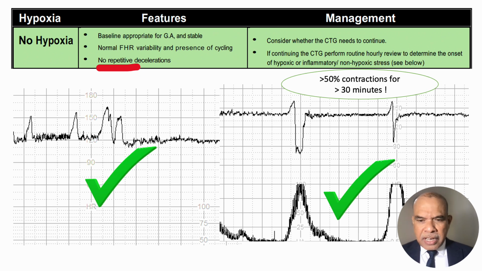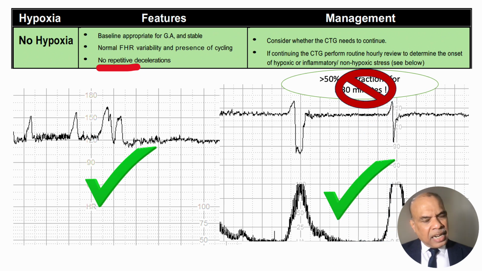Fetal reserve is a variable. The intensity of the contractions is a variable. Duration of the contraction is a variable. Placental function is a variable. So you cannot say 50% of the contractions for 30 minutes, after that somehow the fetus becomes pathological, because a growth restricted fetus will decompensate much earlier.